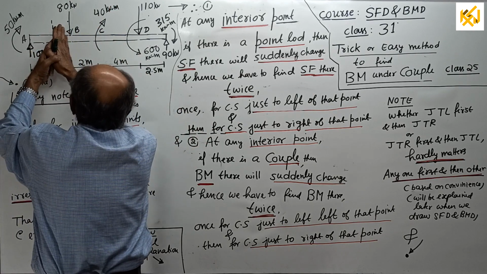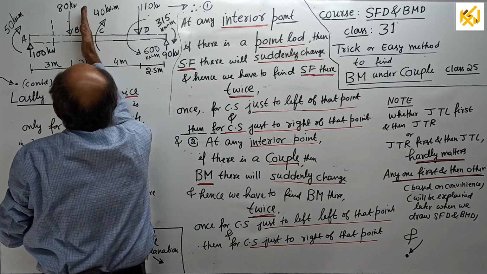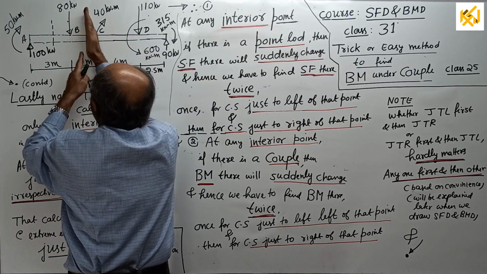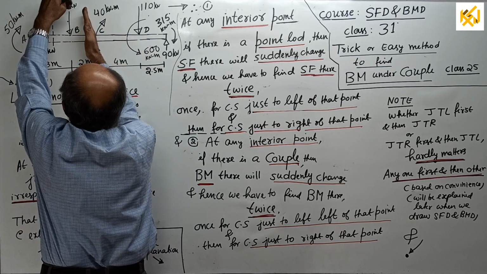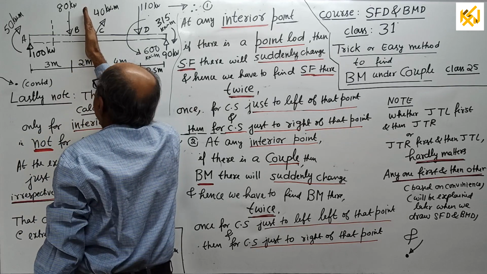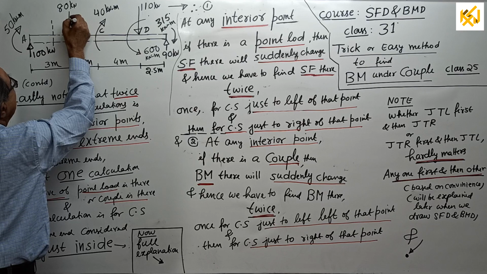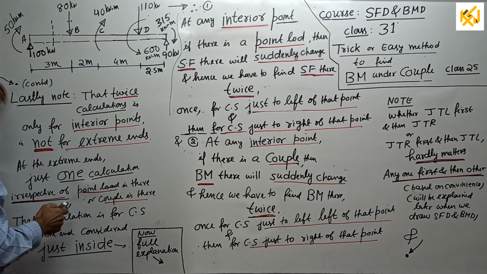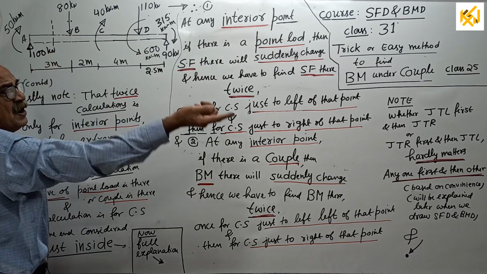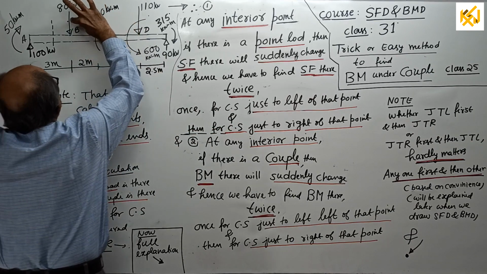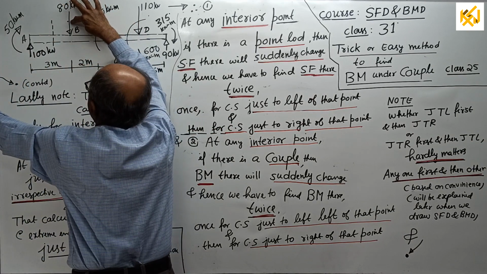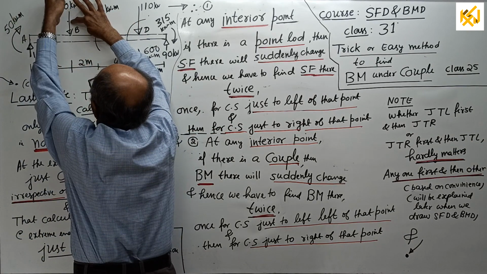Now you cross B and come to this side. If you come this side, now the shearing force is plus 100 minus 80. So it changes. Suppose you consider a very slightly right side, that is, you cross over point B and go to the other side. Now see this side: shear force is plus 100 minus 80.